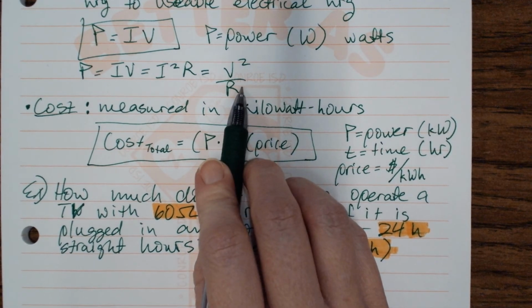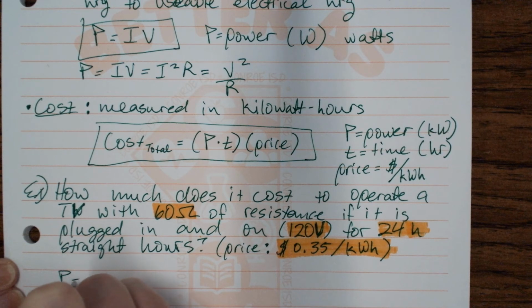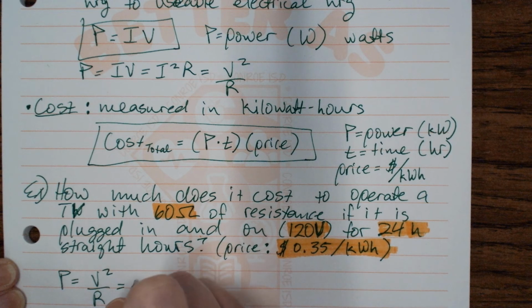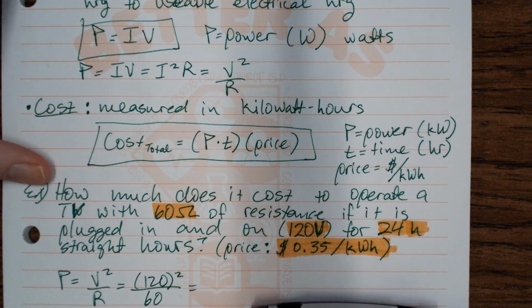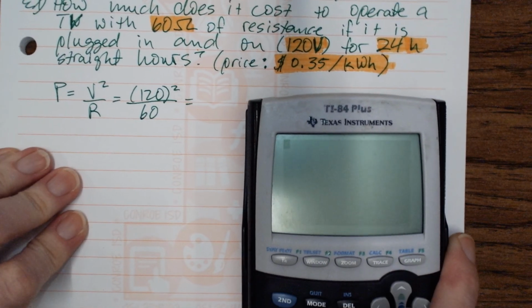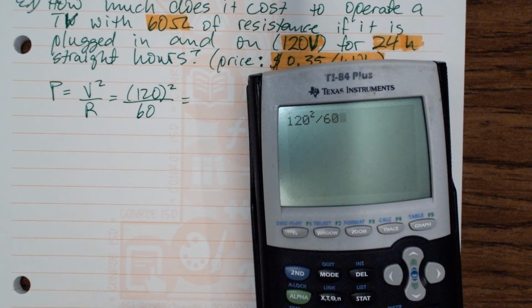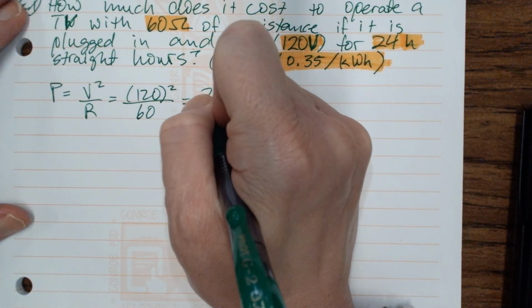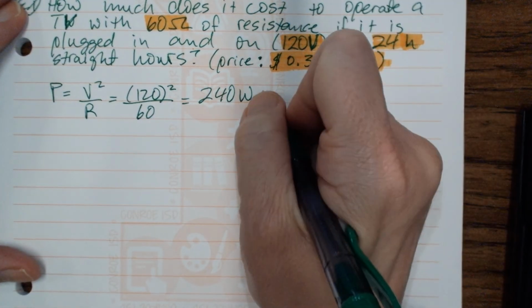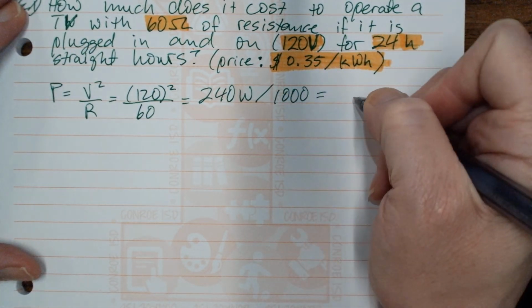Great, okay. So P equals V squared over R. So V squared, 120 over 60. Okay. Oh, let me move that up a bit. There we go. Okay, so you get 240 watts. We have to divide that by 1,000 to get kilowatts.